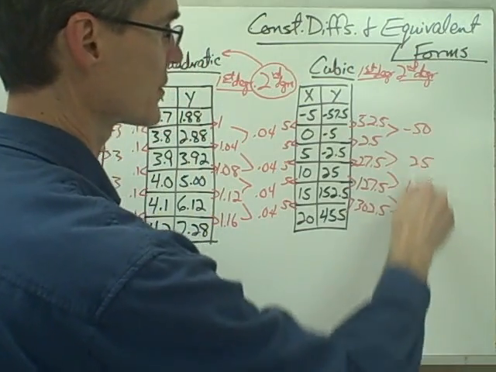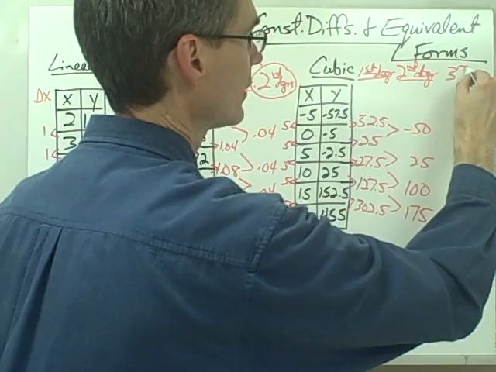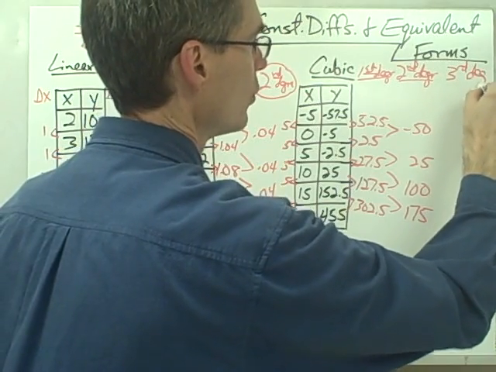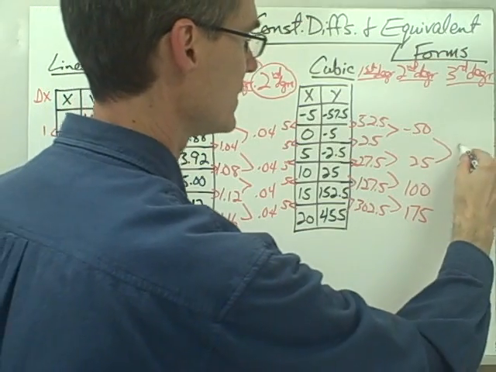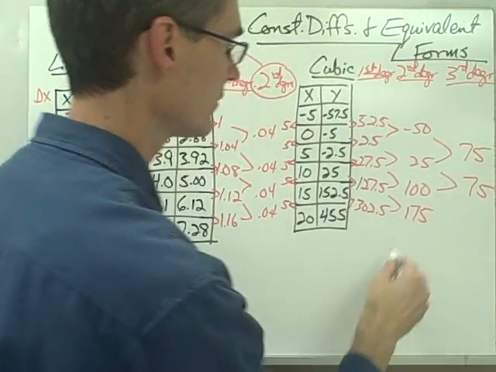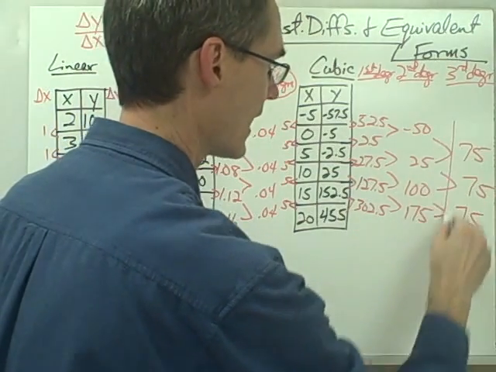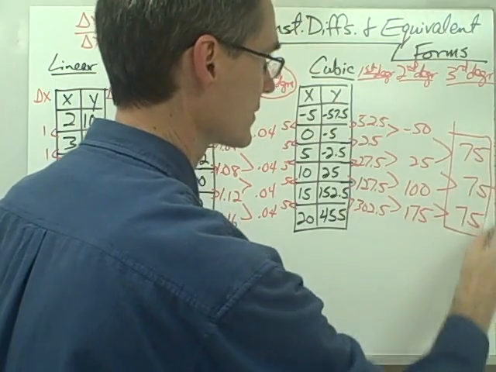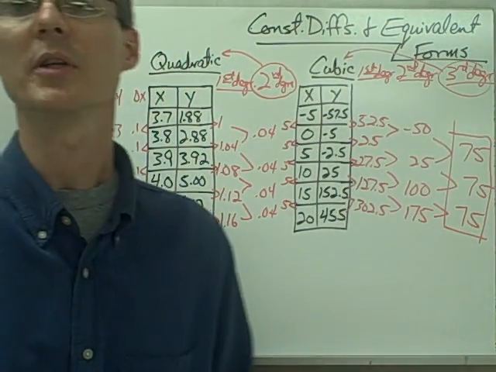Well, these differences are not constant, so I don't have a second degree polynomial. However, if I do it one more time, 25 minus negative 50 gives me 75. 100 minus 25 gives me 75. And 175 minus 100 gives me 75. And these differences are constant, which tells me that I have a third degree polynomial, or a cubic polynomial.